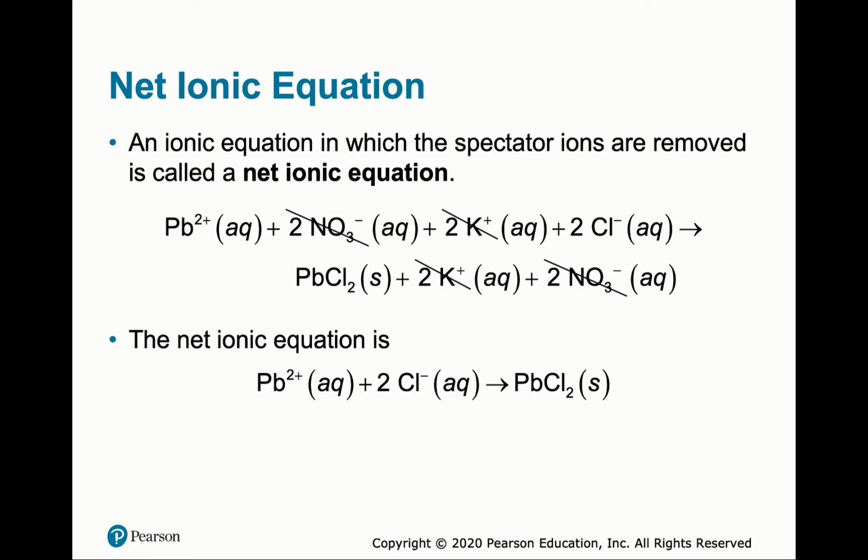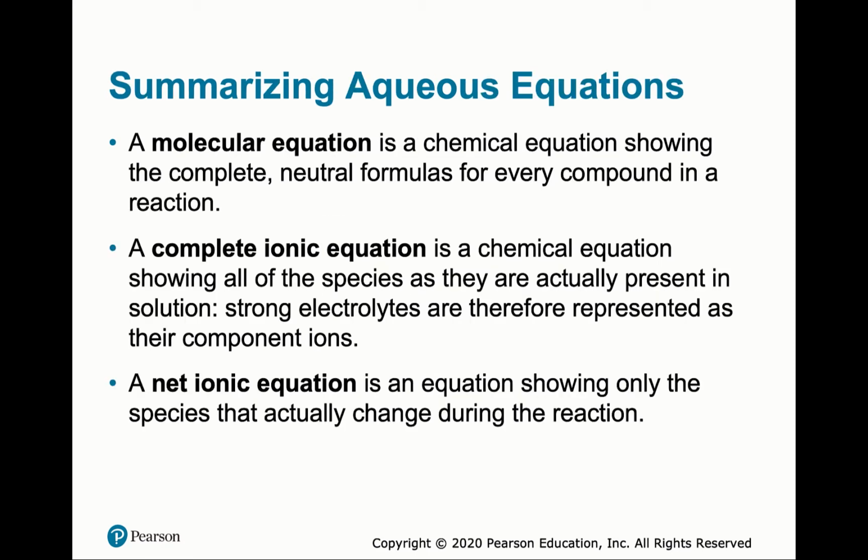That is the long, drawn-out example of the net ionic equation. Now let's do the simplified version. Lead plus 2 ion mixes with 2 chloride ions, makes lead 2 chloride precipitate, done. So that's the net ionic equation, just the shortcut to the end.